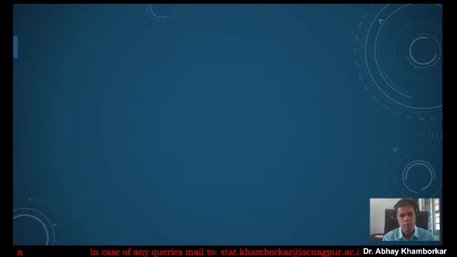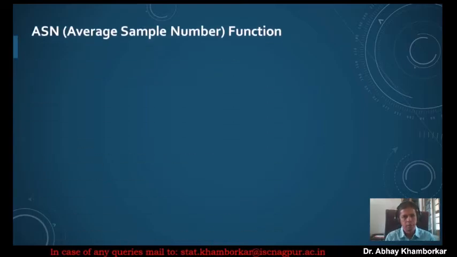Now we will discuss the average sample number in SPRT. Now we know that in sequential testing, or for that matter in SPRT also, the sample number or the sample size is a variable, it's a random variable, right?